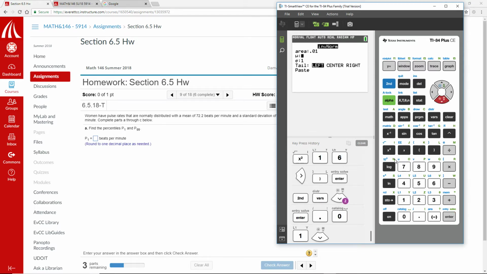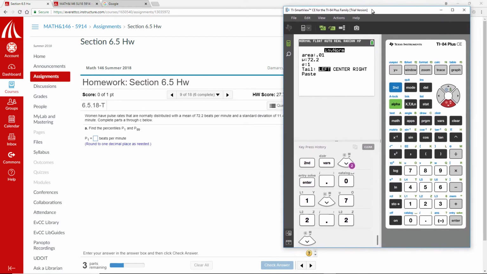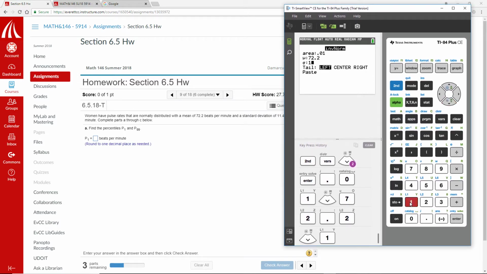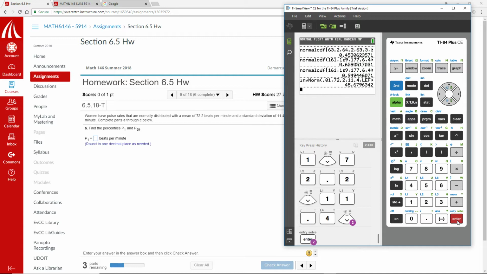The mean is 72.2. And our deviation is 11.4. And what did we get?